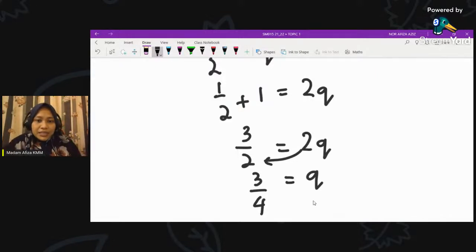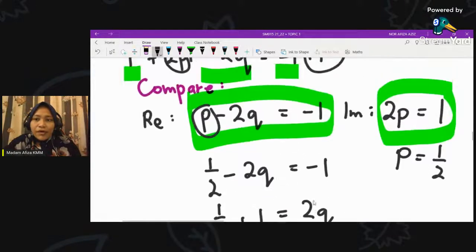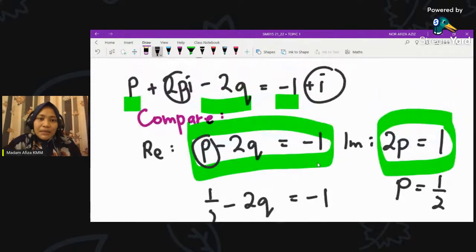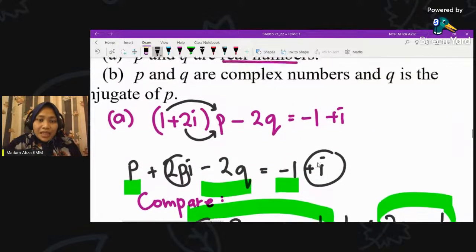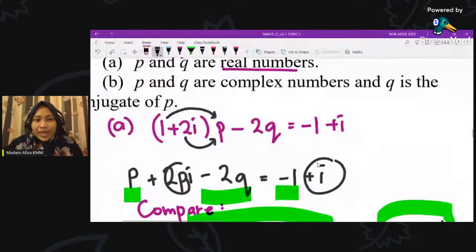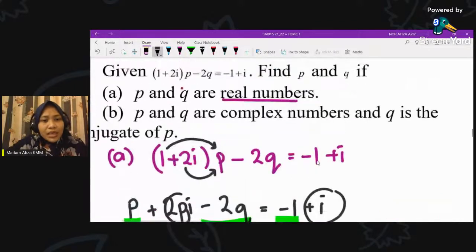So we have the answer for q 3 over 4 and p 1 over 2. So this is the solution where we treat p and q as real numbers. It means we just expand as usual. But what if we treat p and q as complex numbers?